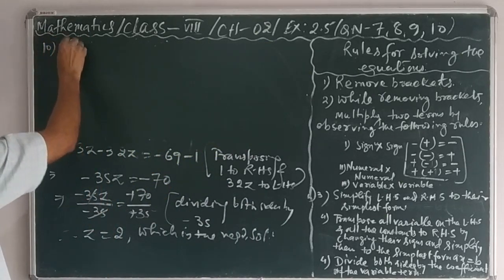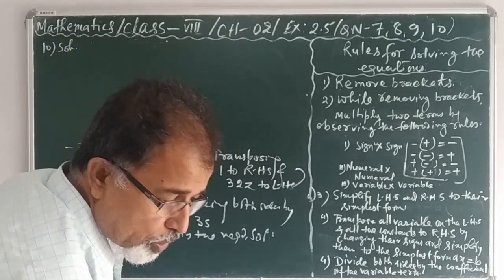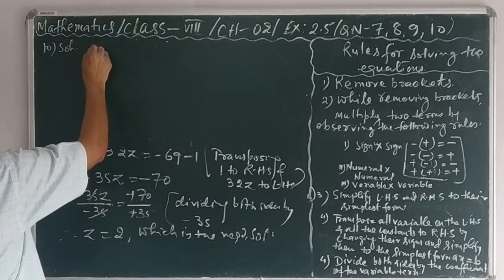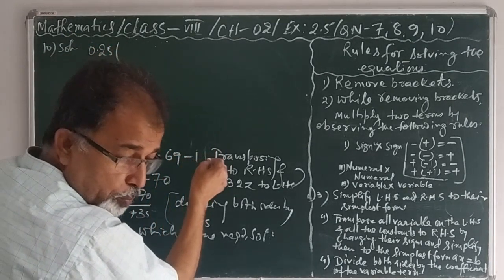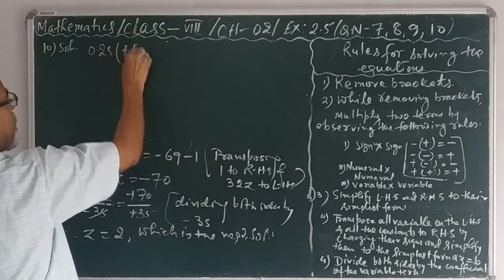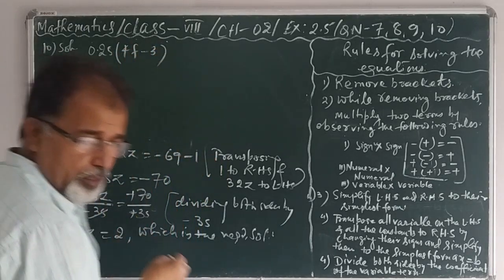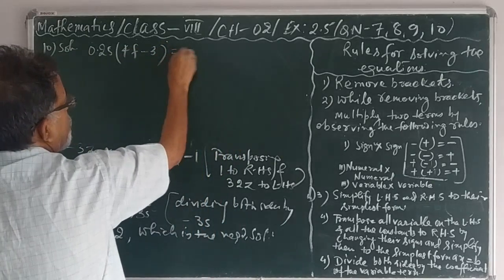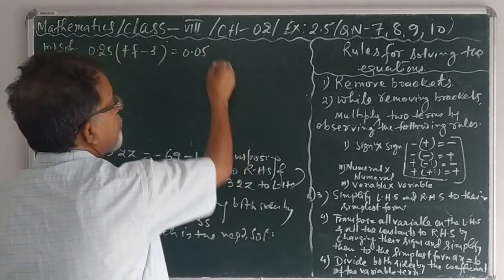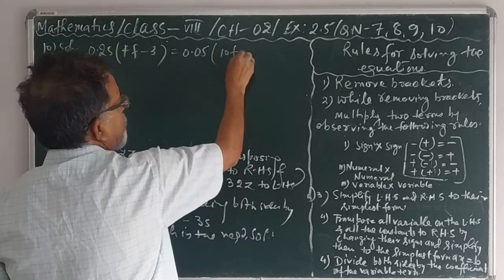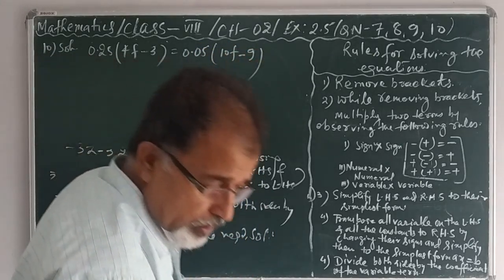Now I am going to show the last question. Solution: 0.25 into (4f minus 3) equal to 0.05 into (10f minus 9).